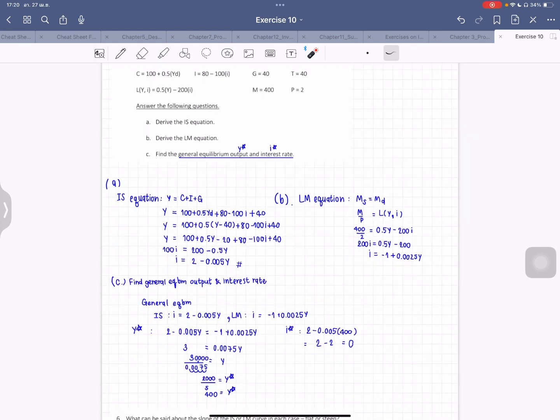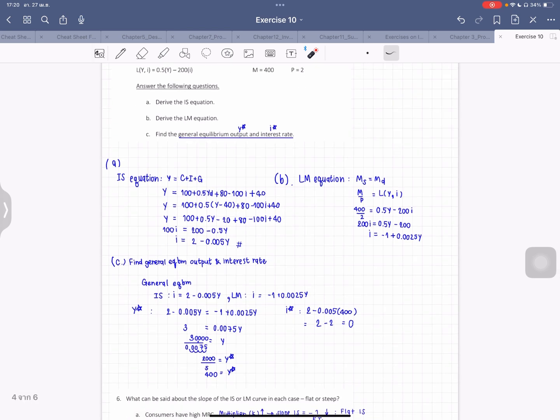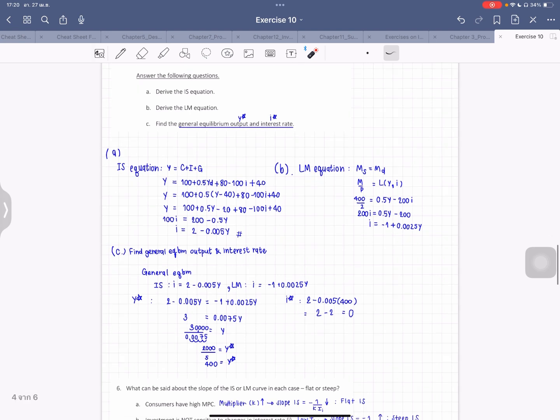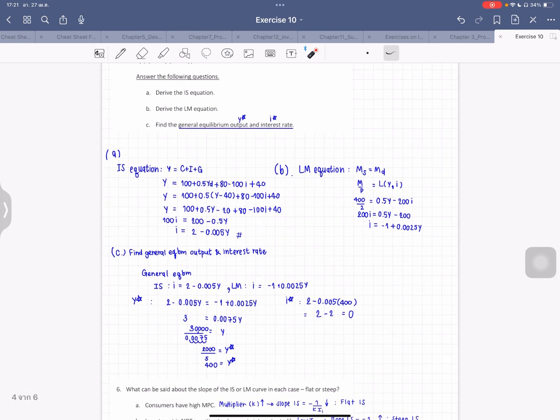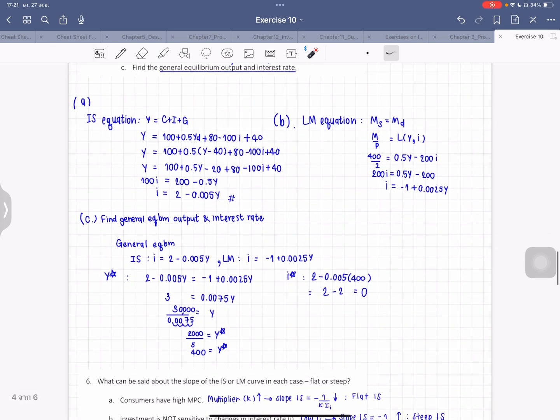So next question, find the general equilibrium output and interest rate. I suppose the equilibrium output is Y star and the equilibrium interest rate is I star. So let's get started. You should bring the IS equation and LM equation from the previous A and B subquestions to this C subquestion.